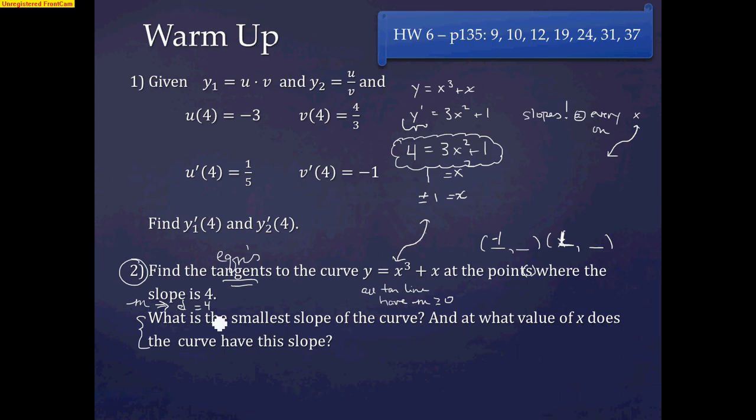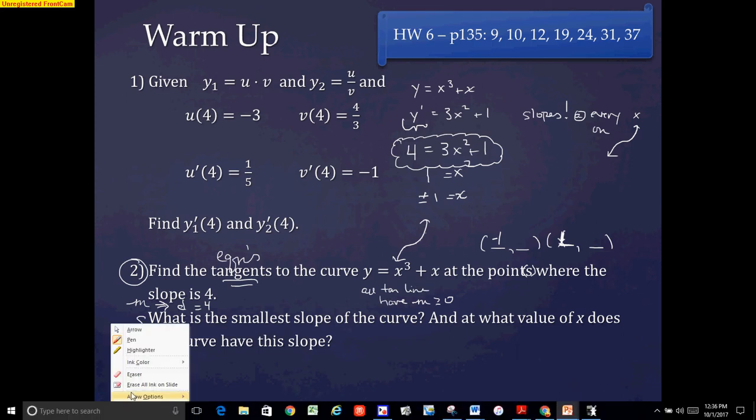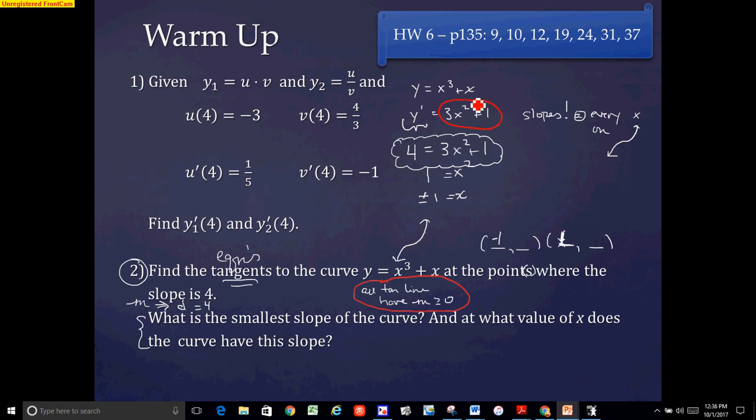Hey, remember this information here where I said that all tangent lines have a slope that is greater than or equal to 0? Well, look at the slope generating rule, 3x squared plus 1. Isn't that a function whose graph is always positive?